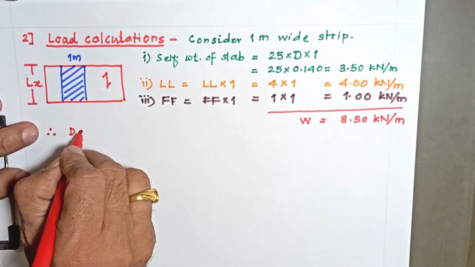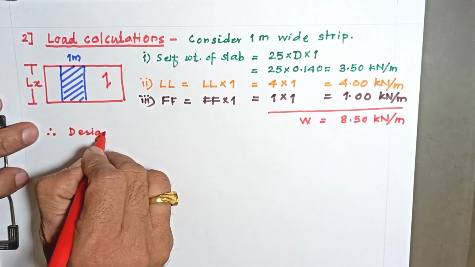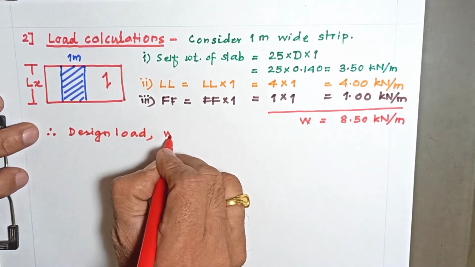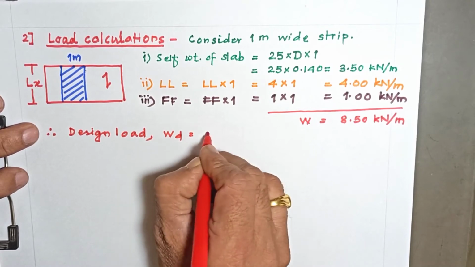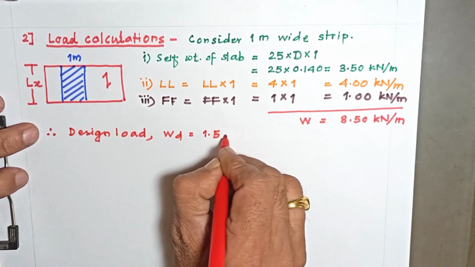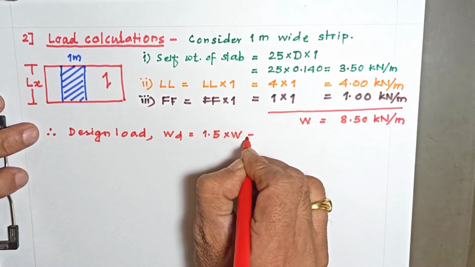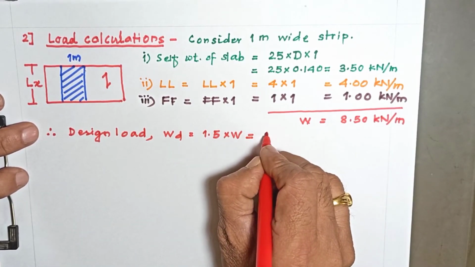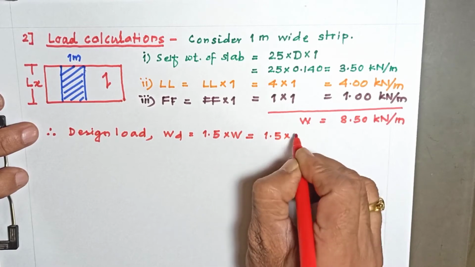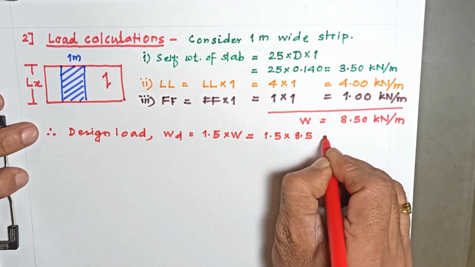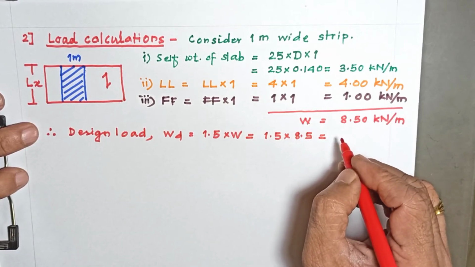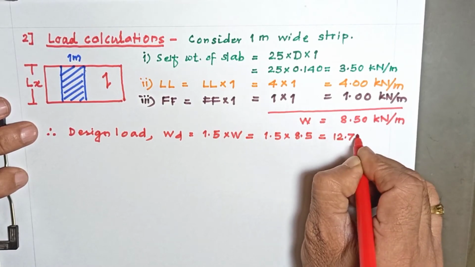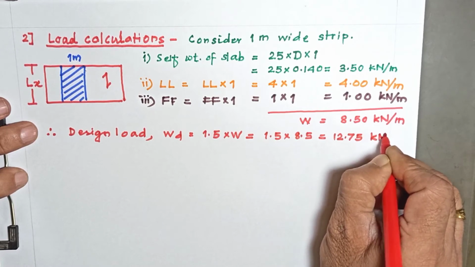Design load WD is equal to 1.5 into W, that is 1.5 into 8.5, which comes out to be 12.75 kilonewton per meter.